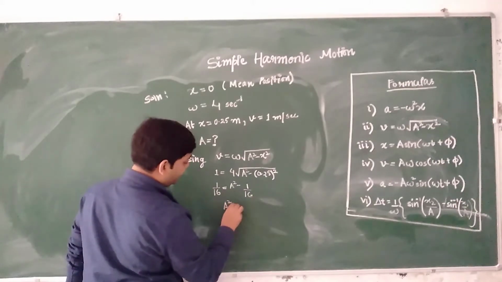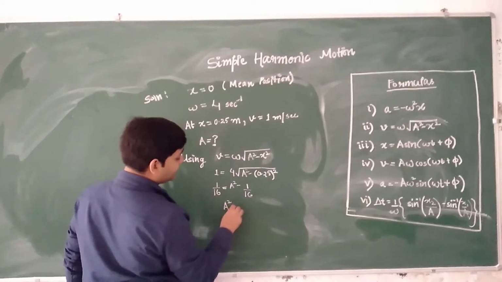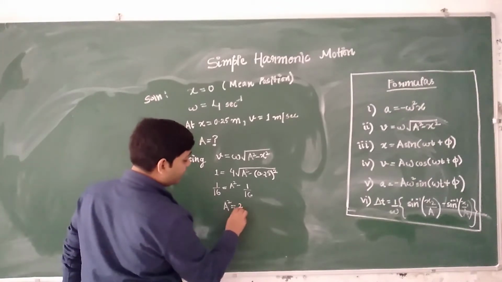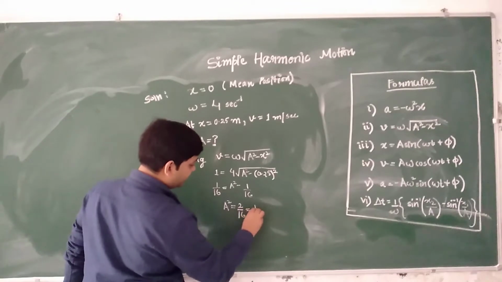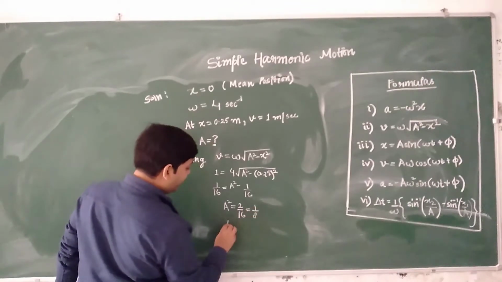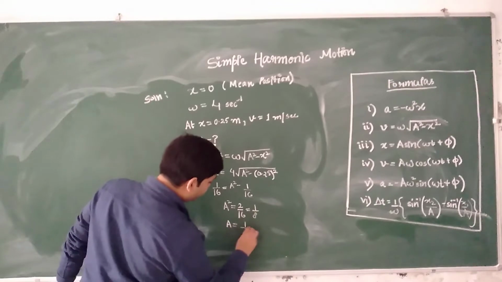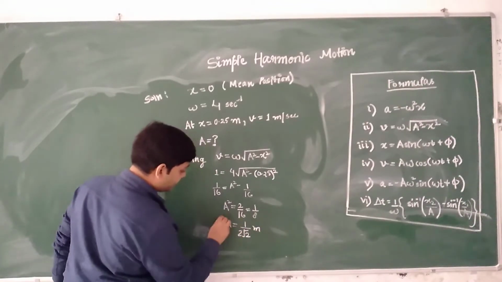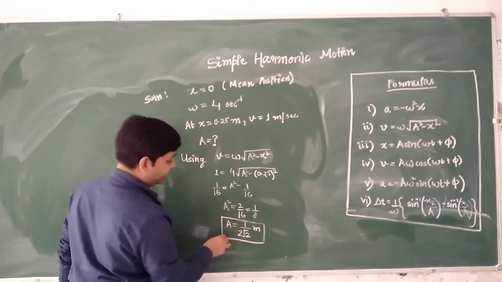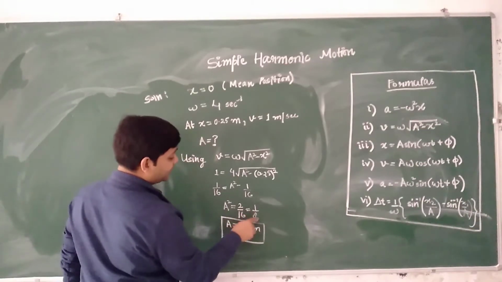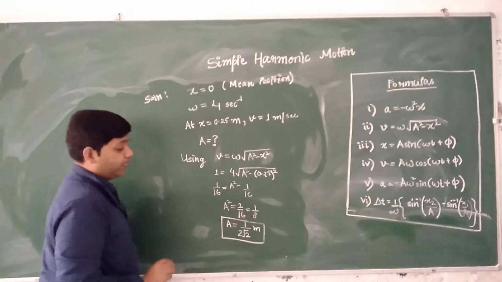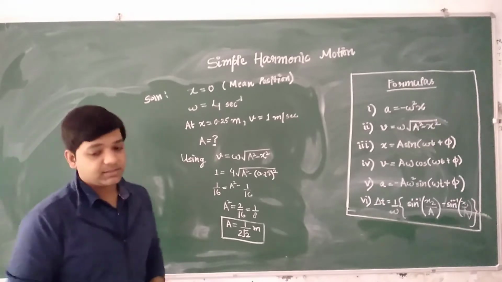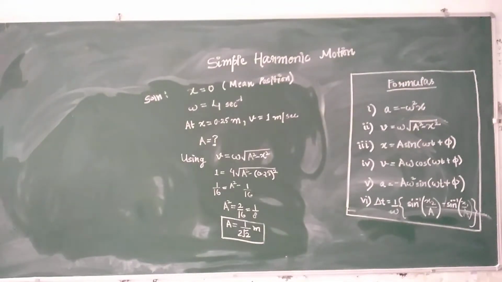So a square will be 1 upon 16 plus 1 upon 16, that means 2 upon 16. And 2 upon 16 means 1 upon 8. Right? So the square root of 8 is 2 root 2, so the value of amplitude comes out to be 1 upon 2 root 2 meters. Right? I hope this is clear to everyone.